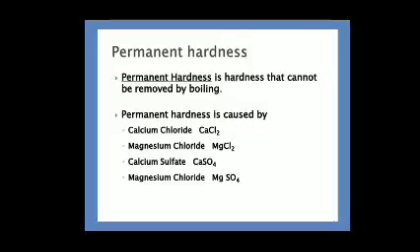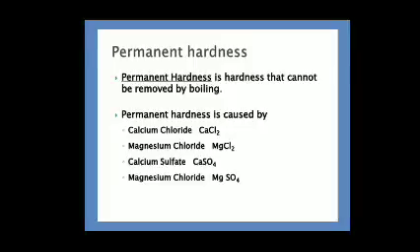The softening methods are of two types: the permutit process and the ion exchange process. In these processes, we add a chemical compound to water, and this compound removes the hardness-causing salts. In the permutit process, a chemical substance named zeolite is added.